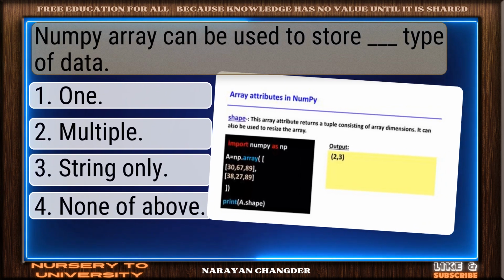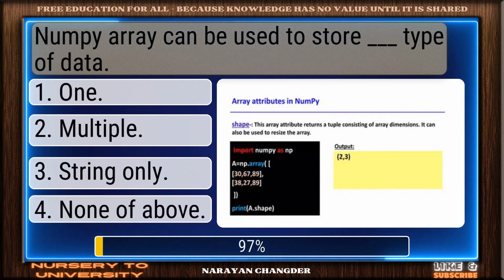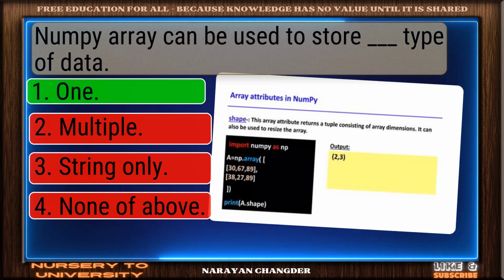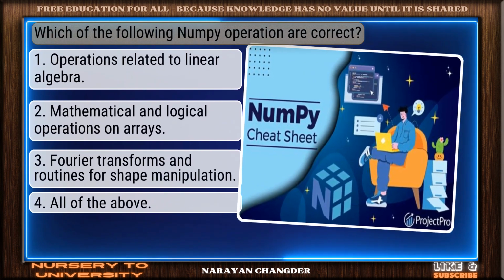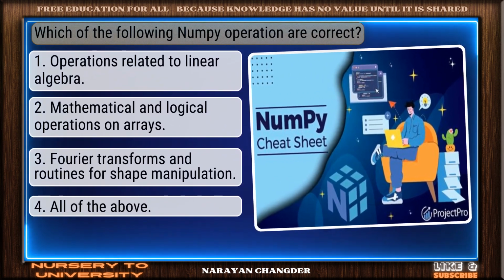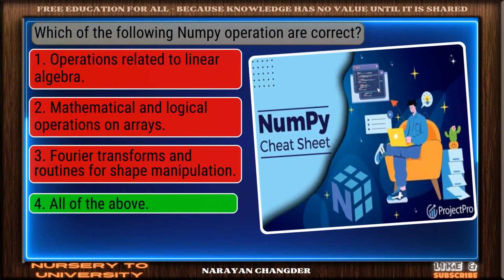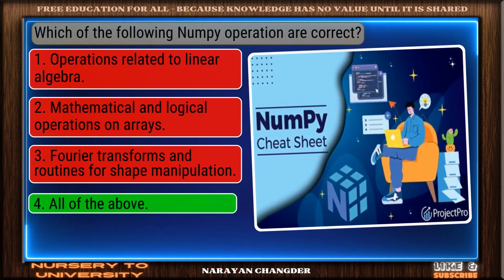A Numpy array can be used to store one type of data. Nice selection. 1 is the correct and valid answer. Question number 29. Which of the following Numpy operations are correct? Sharp thinking. All of the above is the right choice.